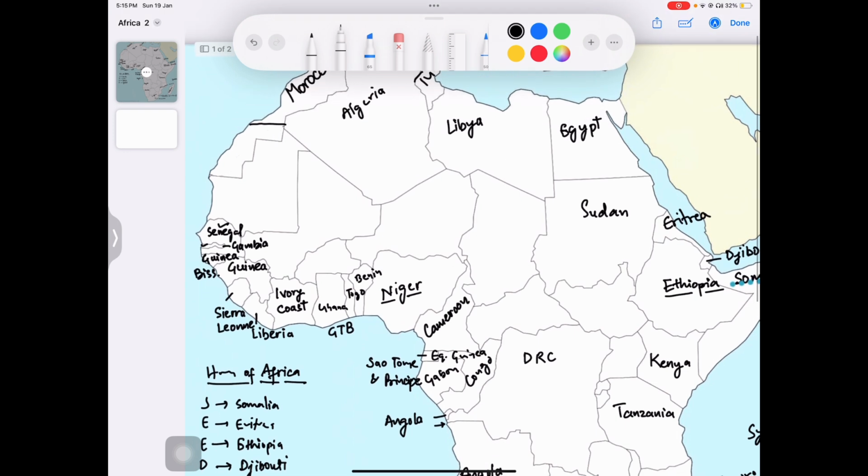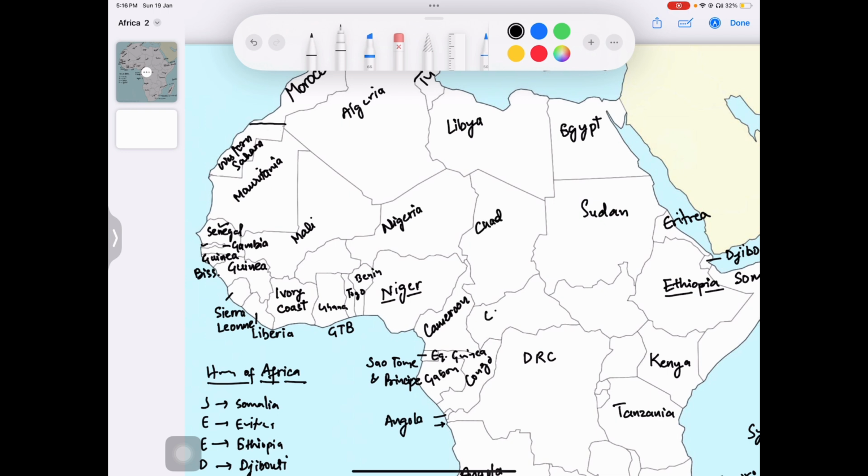This one here is Western Sahara. This is Mauritania. This is Mali. This is Nigeria. This is Chad.